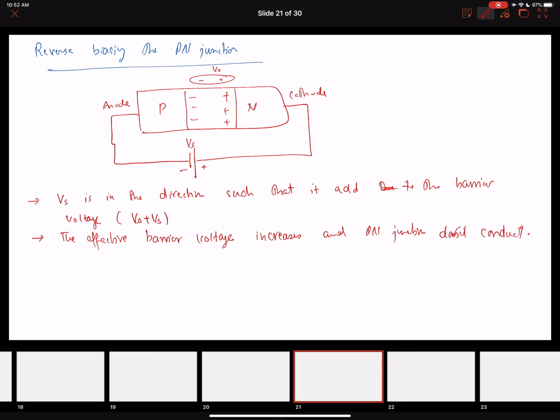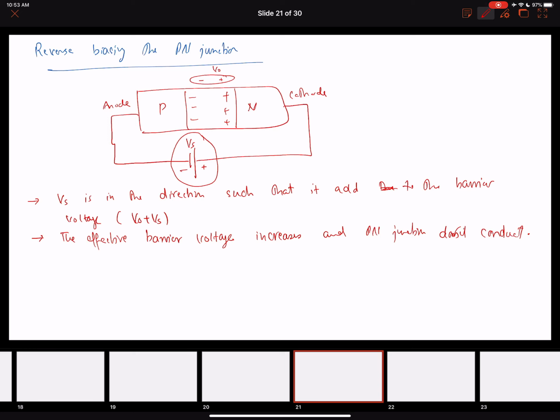So if we reverse bias the PN junction in this way, then our effective barrier voltage will increase and the PN junction will not conduct, right? So that is why we say that reverse biasing the diode is going to behave like an open circuit because it's not conducting at all.